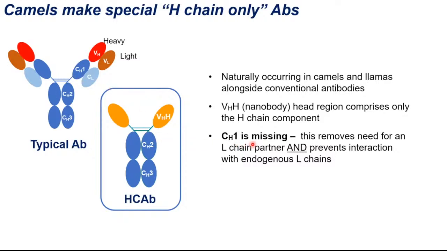This is critical because CH1 is the region that recruits and binds to the light chain partner. So by not having a CH1 region, these heavy chain only antibodies don't need a light chain partner. In fact, they won't bind to a light chain partner. Remember the mismatching I was worried about on the previous slide? At least some of that potential mismatching between my heavy chain only antibody and the light chain that's been made naturally in the cell is prevented in this situation.